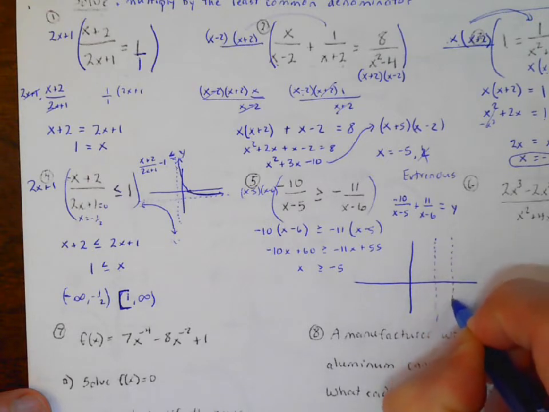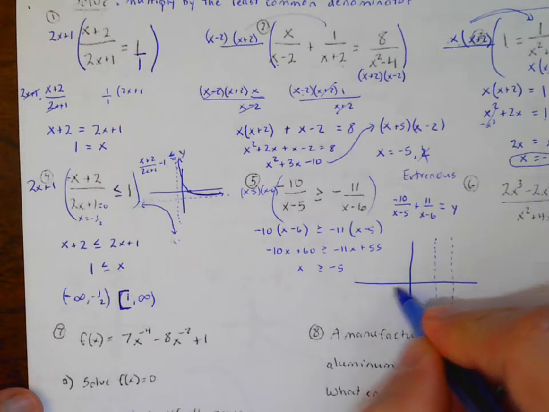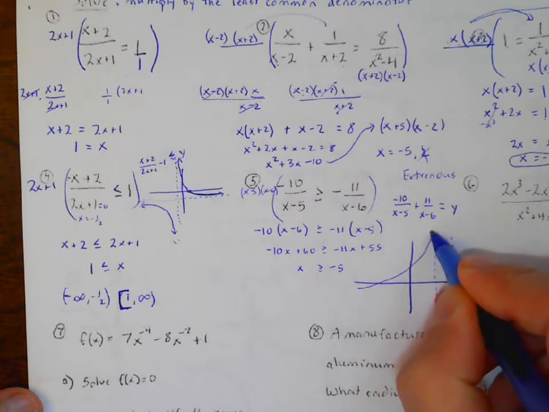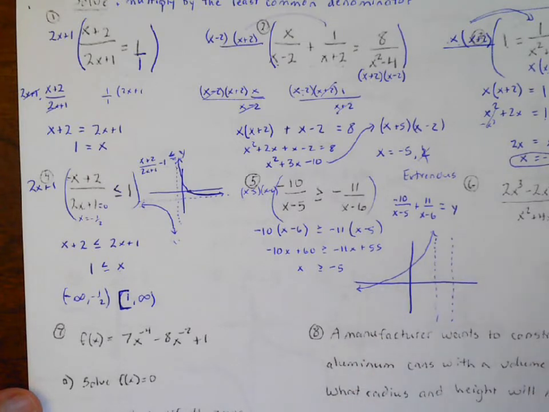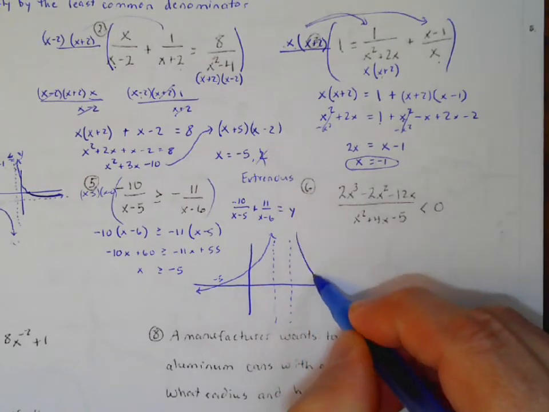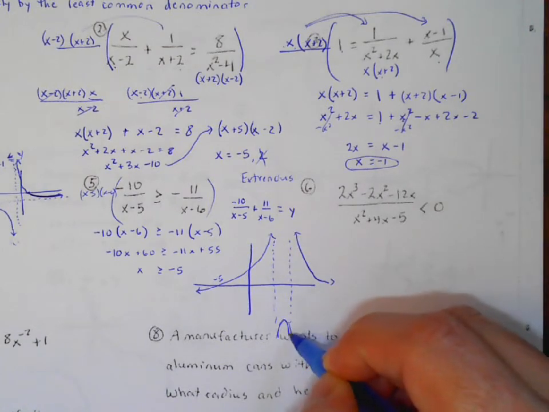The graphs look like this, and it comes down like this here, and down there eventually. You'll see that down there too.